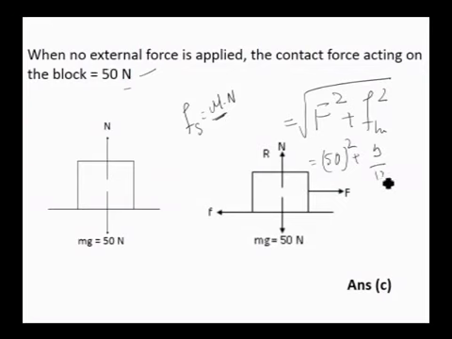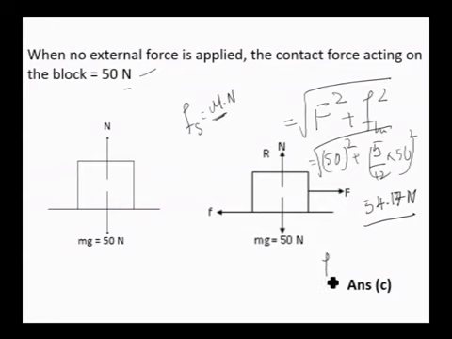So 5/12 into 50, whole square root of that. If you solve this, you will actually get 54.17 Newton.